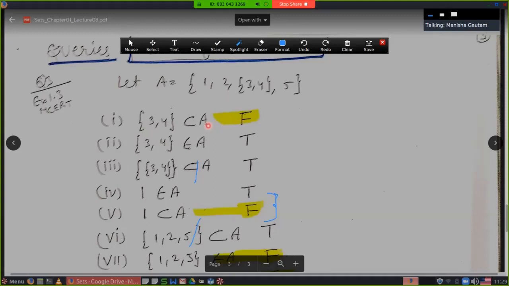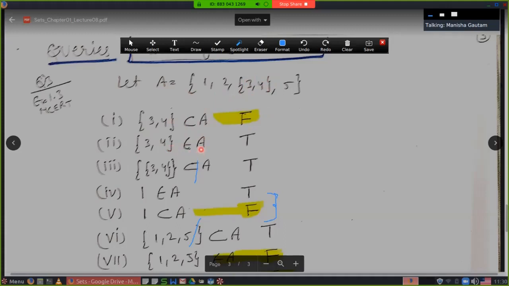Why is it not true? If this is a subset of this, it means this should be written in a curly bracket. If you put it in the next curly bracket, then that becomes a subset. Otherwise, this is an element which belongs to A. It is not a subset of A. So here it is written false.